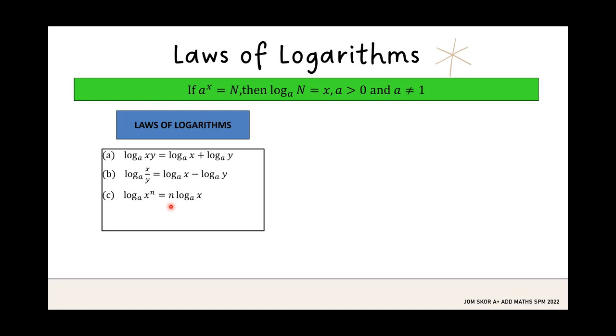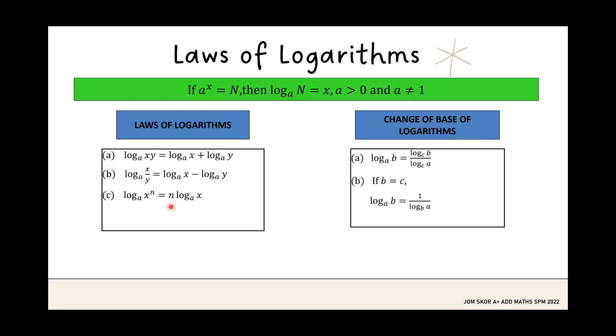Tiga sahaja. Okay, seterusnya, in some cases, bila you ada different bases, you need to change the base of logarithm. Contoh, okay, bila ada log b base a, kita nak tukar kepada base yang baru, which is base c. Okay, so dapat log b base c over log a base c. Okay, right.